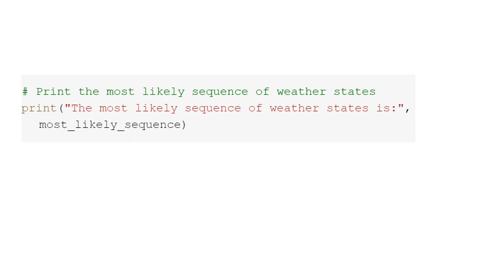The total probability of the observed sequence is calculated by summing the final forward probabilities. The most likely sequence of weather states is determined by comparing forward probabilities at each time step. The results are: the probability of the observed sequence is printed. The most likely sequence of weather states corresponding to the observed sequence is printed.